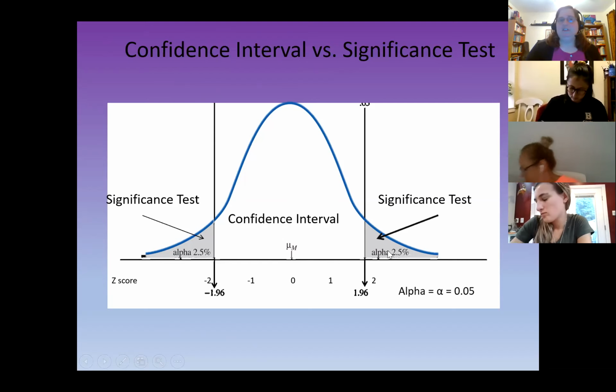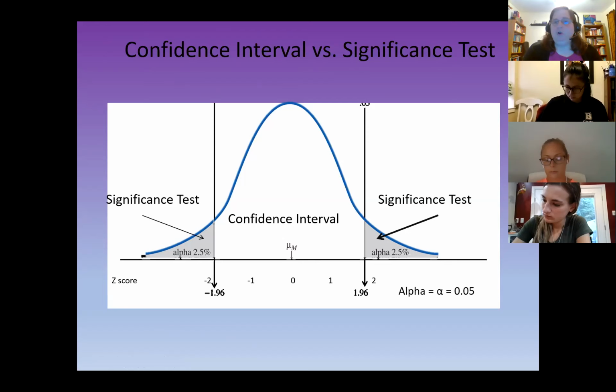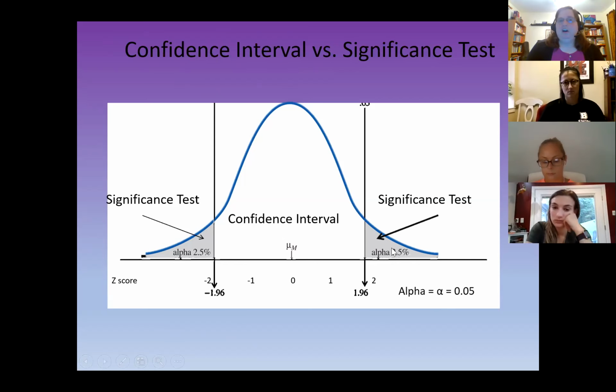The outside, right here in these gray spots. Whereas the significance test asks the much more straightforward question, am I on the outside? If I am on the outside, I'll reject the null. If I am not on the inside, hence I'm on the outside, I'll reject the null. Same conclusion, just different ways of looking at it. Okay.